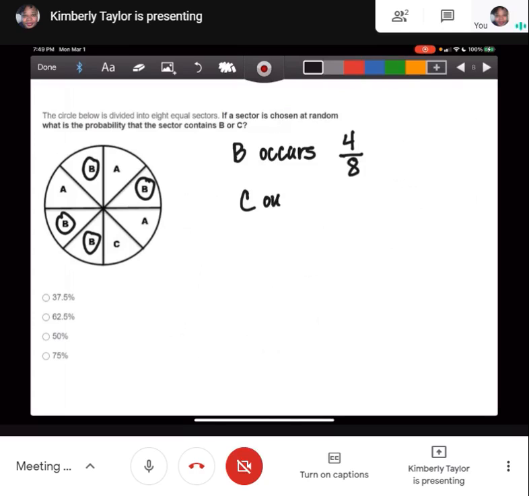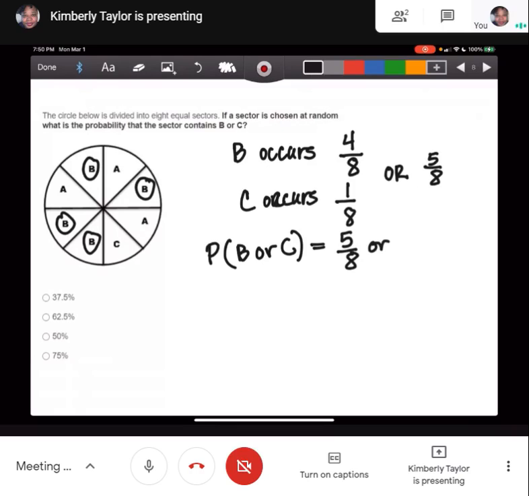C occurs 1 time out of 8. They want to know if I have B or C. So what is the probability of choosing B or C? In this case, it would be 5 out of 8.